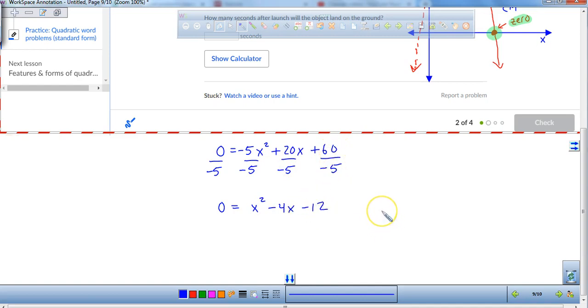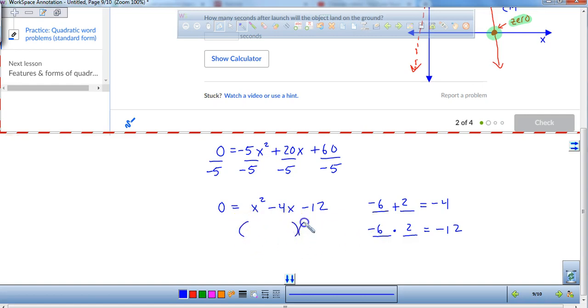Now, this allows me to factor pretty easily, because I've got to find two numbers that add together to equal negative 4, but those exact same two numbers, when multiplied together, equal negative 12. And those two numbers are going to be a 6 and a 2. Well, which one has to be negative? If it says negative 4, I have to make the 6 the negative.